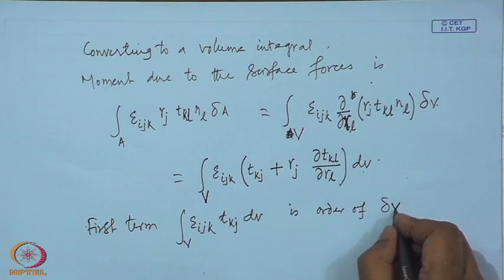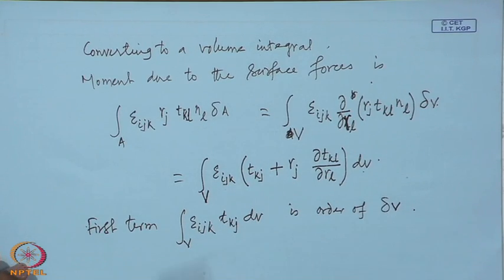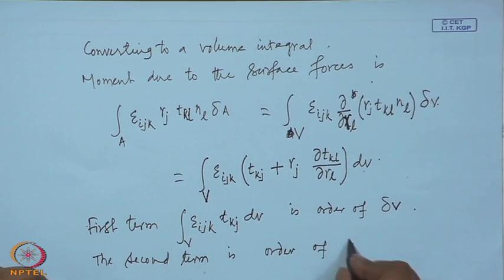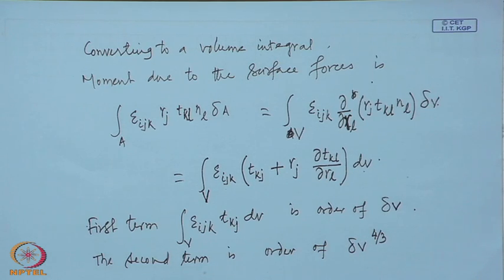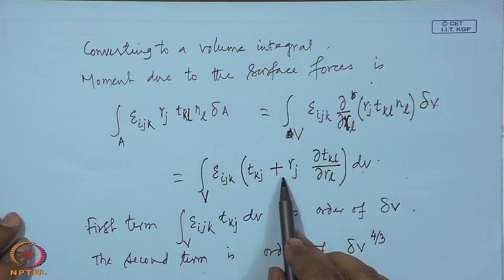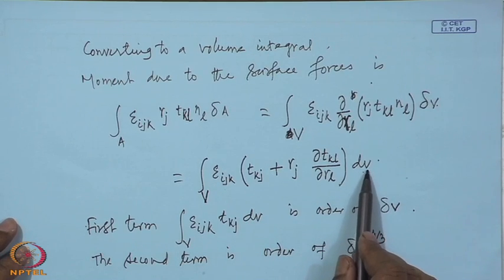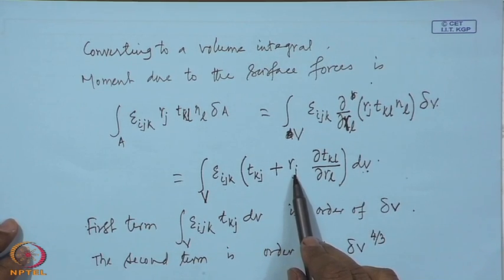Delta v is the volume of that element that you have chosen. Because the second term has another length multiplied, this has cube of length, this has 1, so fourth power of length.